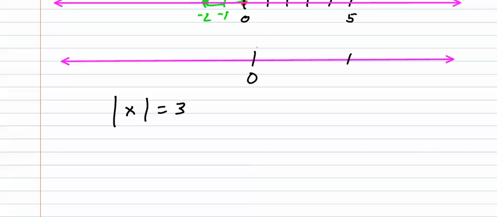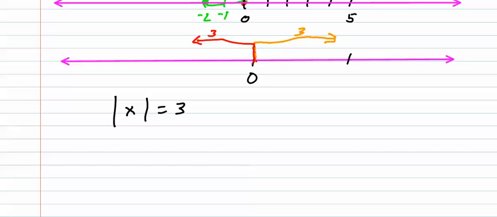So I could go from 0 this direction, 3 units, or I could go from 0 in this direction for 3 units.